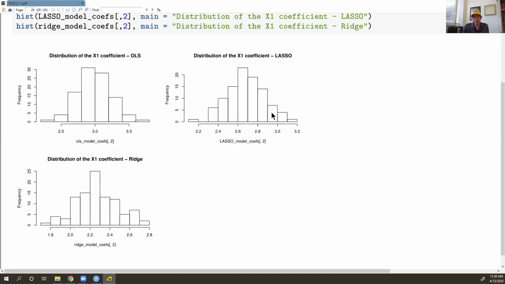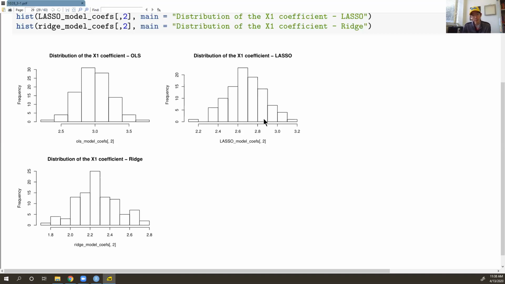This is the sampling distribution of our x1 coefficient when we did LASSO, and we can see it is not centered at 3. The true value is 3, and it's centered a little closer to 2.65, something around there.